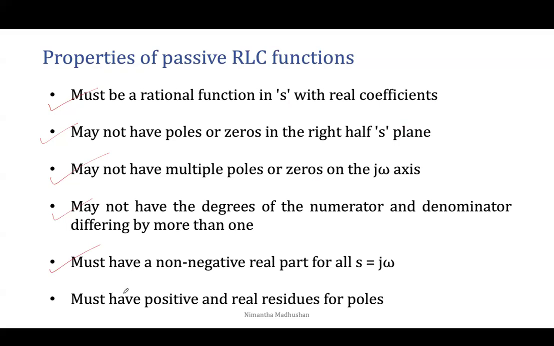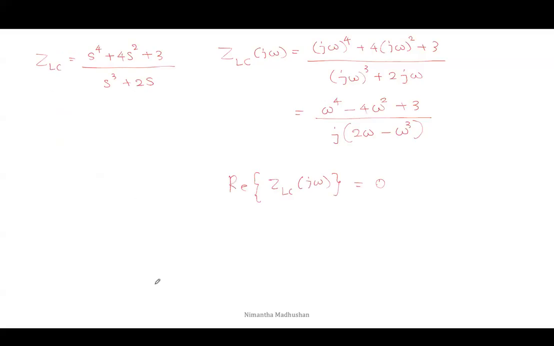The last one is it must have positive and real residues for all poles. For that one, we have to calculate the residues. For that, we have to do the partial fraction expansion of this impedance function. Say the impedance is equal to s to the power 4 plus 4s squared plus 3 over s times s squared plus 2.